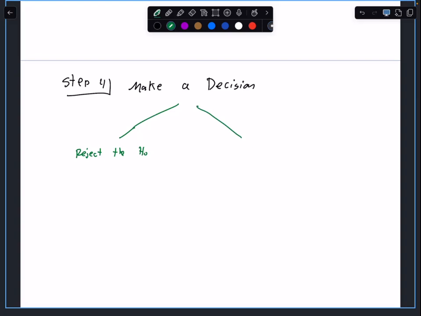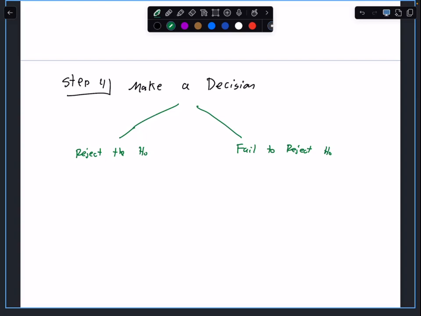Option 2 is that we fail to reject the null hypothesis. Remember I told you guilty or not guilty? You either reject that they're innocent and you find them guilty, or you fail to reject the null hypothesis. You find them not guilty. You don't accept the null hypothesis.